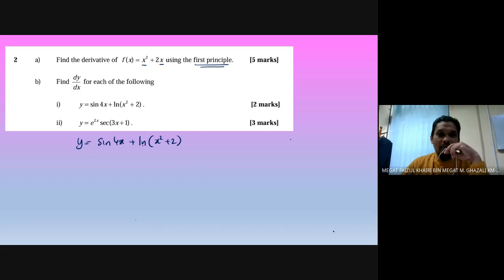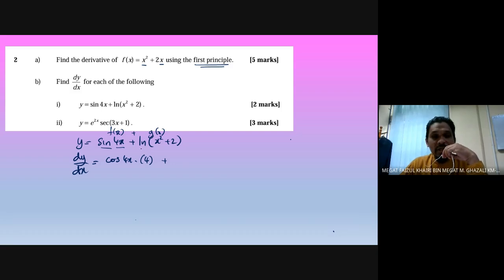Okay, so dy/dx equals: differentiate sine, it gives you cos 4x, and then differentiate the function 4x here, it gives you 4. Next, because we have a function f(x) plus g(x), they are not multiplying each other but adding between these two functions.